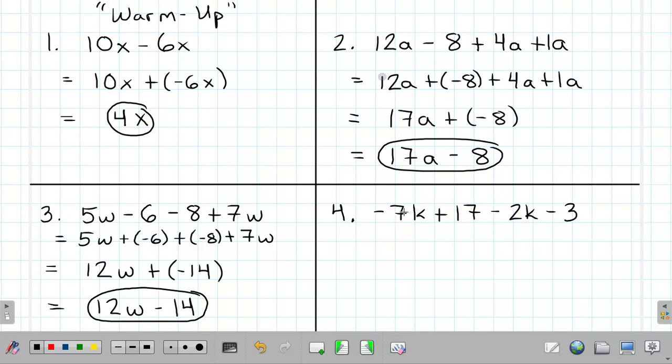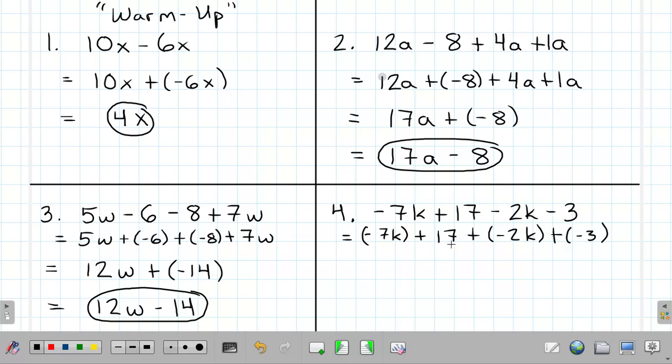And then the same thing here, negative 7k minus 2k. So again, if you're clever enough, you can see that should be minus or negative 9k, okay? But once again, this is where if you got a lot of negatives and subtraction, write it as a sum. So we got negative 7k plus 17 plus negative 2k plus negative 3.